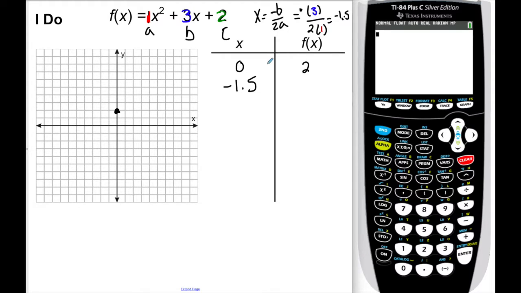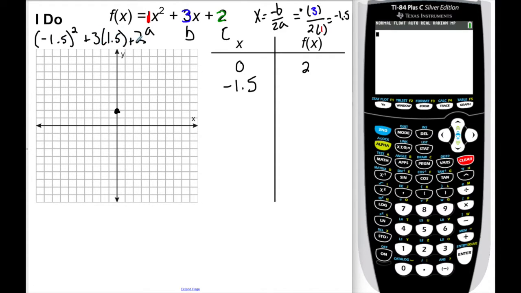All right, so now I've got negative 1.5, and I need to plug that in. So remember, on your calculator, I'm going to show you how you would do this. Whenever you plug in, you're going to be plugging in like this. This is a 1, so I'm not going to put anything. I'm going to put negative 1.5 squared plus 3 times negative 1.5 plus 2.